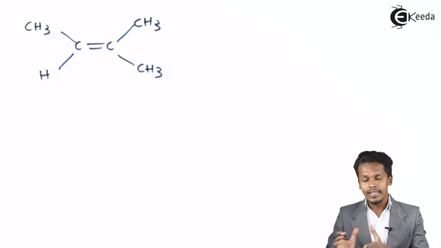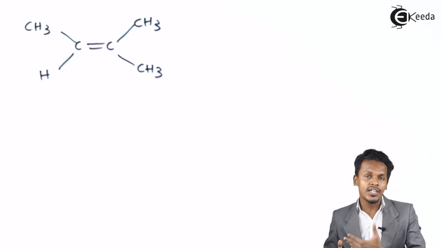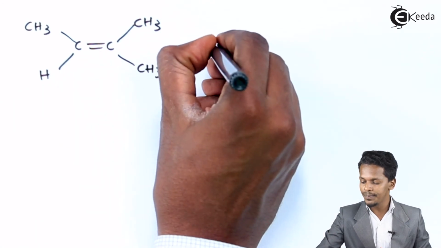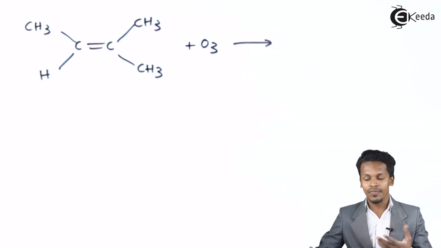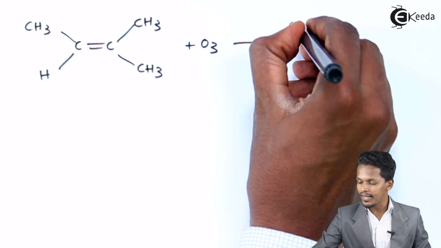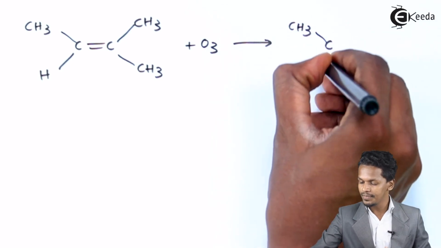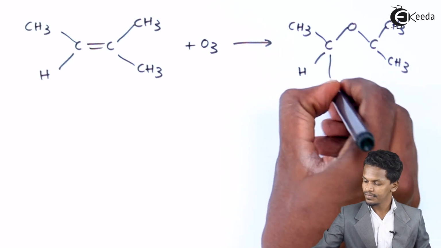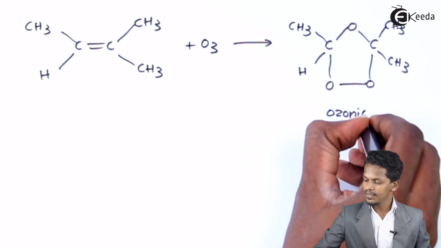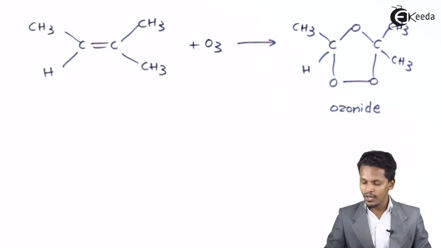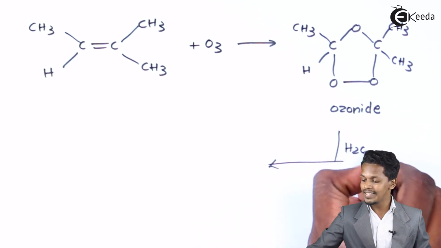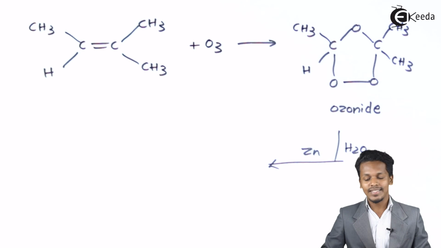So suppose this is a molecule, and it undergoes the ozonolysis process. Obviously it will react with O3 and an ozonide will be formed, where the structure could be written in this way. So this is an ozonide, and suppose it undergoes the hydrolysis process in the presence of zinc dust. Let's see what will happen.